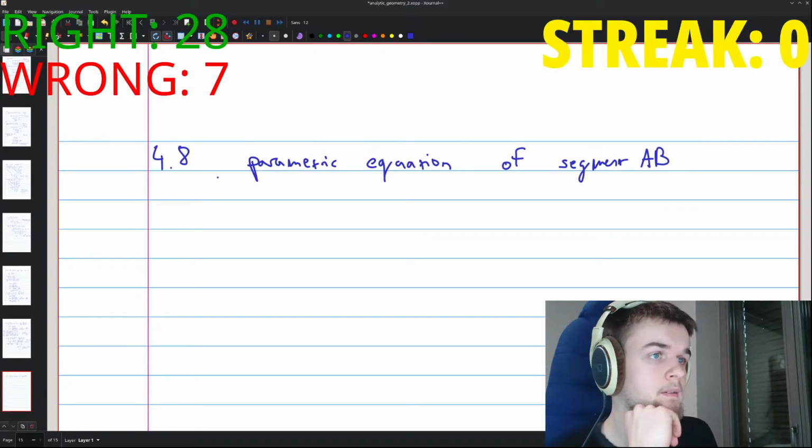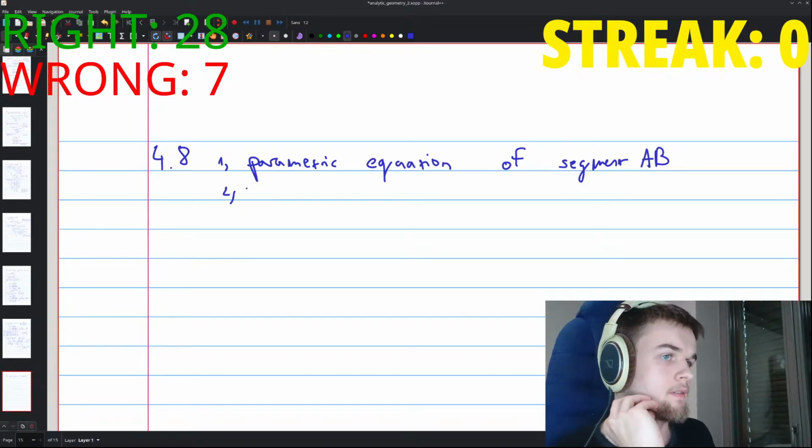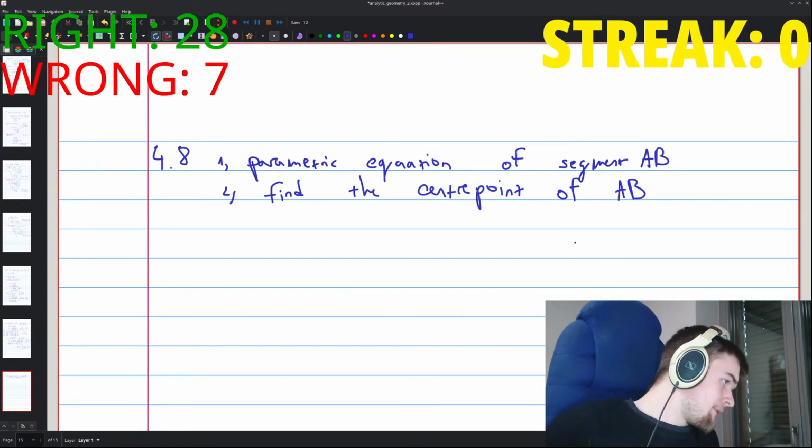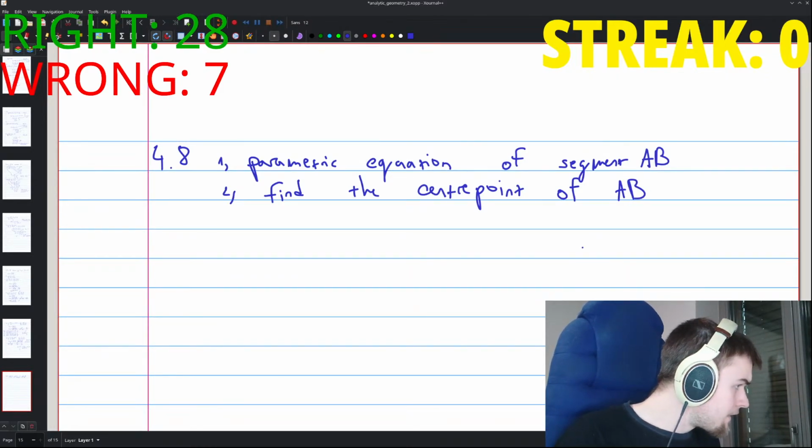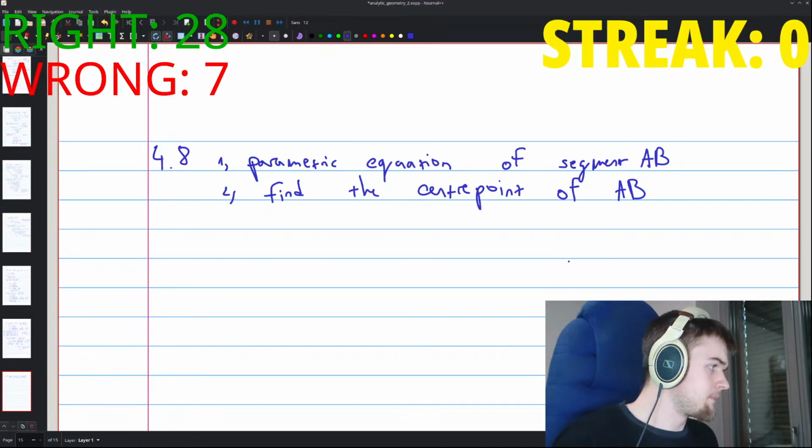And then we are supposed to find the center point of segment AB. And finally, yeah, that's it.